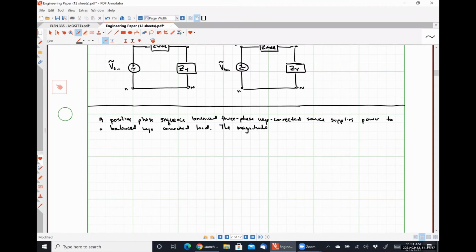The magnitude of the line voltage is 208 volts RMS.